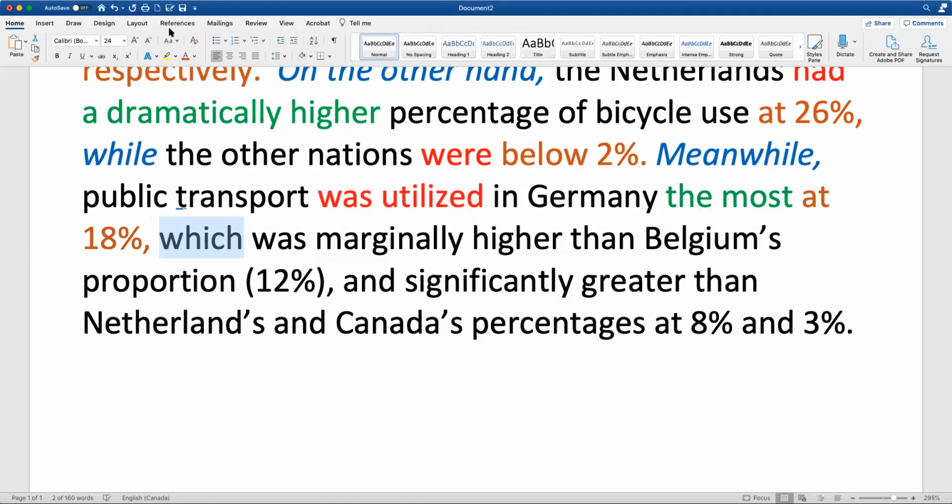So that one, which is our connector, was marginally higher than Belgium's proportion, 12%.